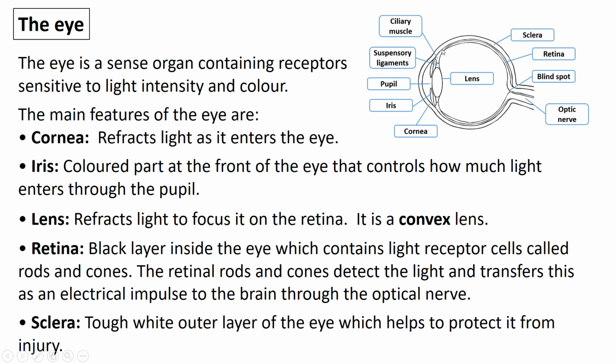You've got these ciliary muscles, which attach to suspensory ligaments, which then attach to the lens, and they contract and relax those muscles and pull on the ligaments to basically change the shape of the lens. And then you've got the sclera, which is the white part of the eye, which sort of protects the eye and everything within it.